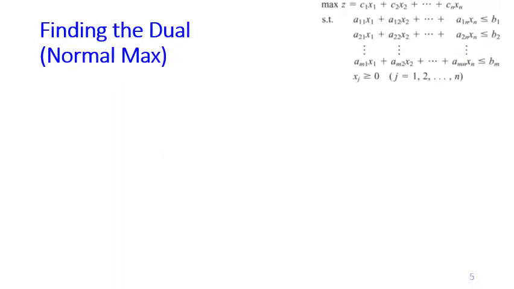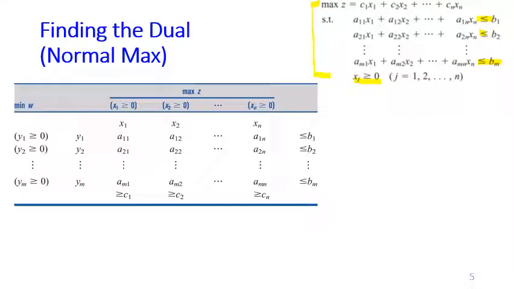Now it's time to find the dual of a normal maximization problem. In general, a normal maximization problem looks like this, with those two requirements: the constraints and the sign restriction of all variables. Now we are going to put this into a table which will help us to read the dual linear programming of this normal maximization.